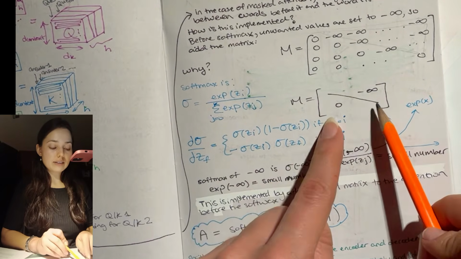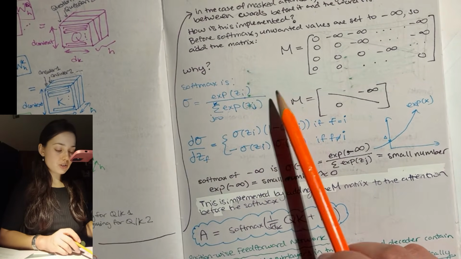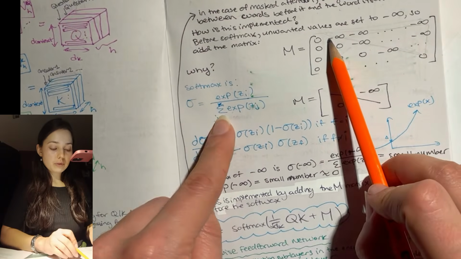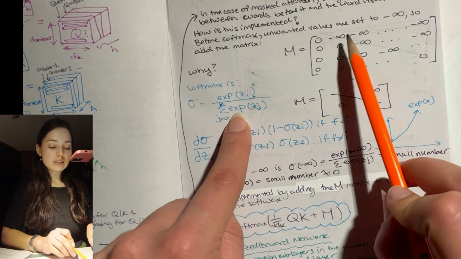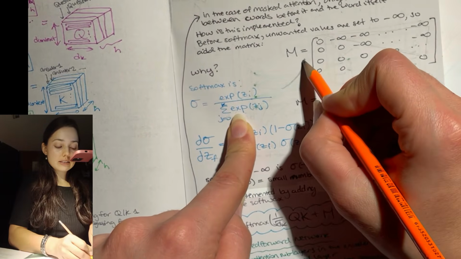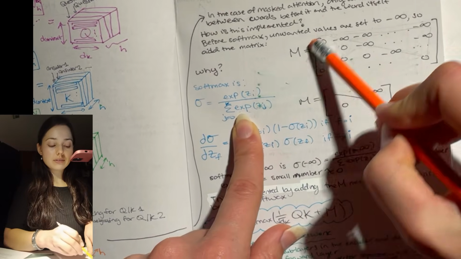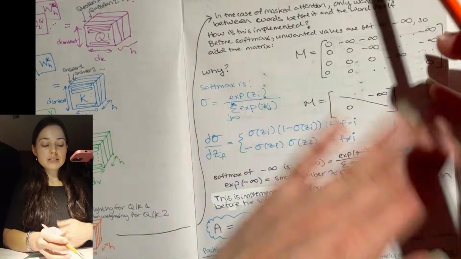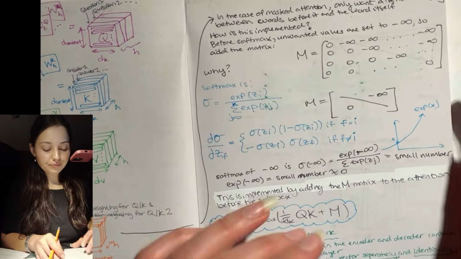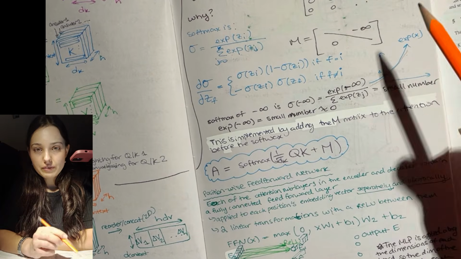Why is it set to negative infinity? Well, if you look at the softmax equation, we measure the softmax across the rows, I think. When we take the exponent of a negative infinity number, the exponent function looks like this. So what is it at negative infinity? It's basically 0. Here's my plot of the exponent function.